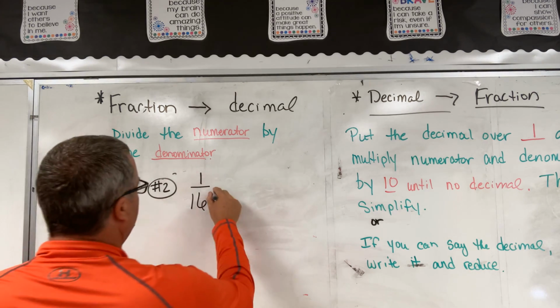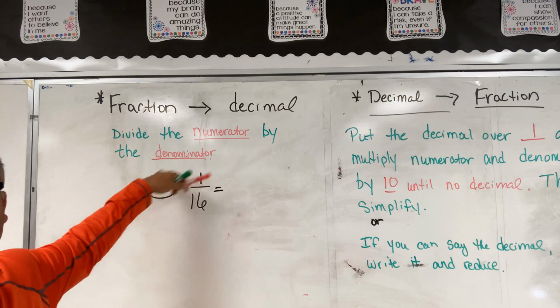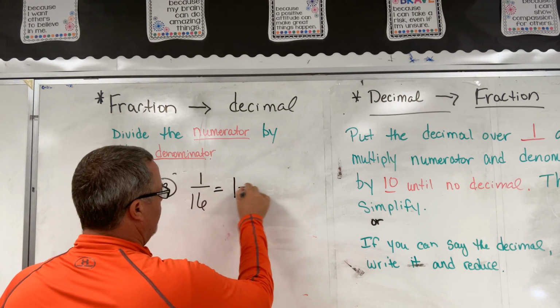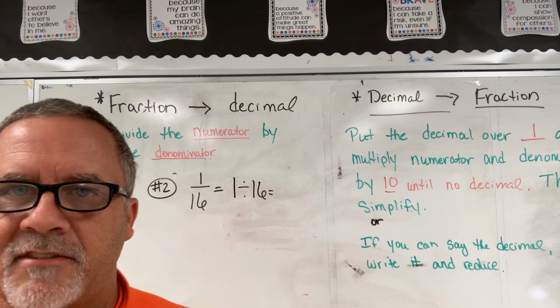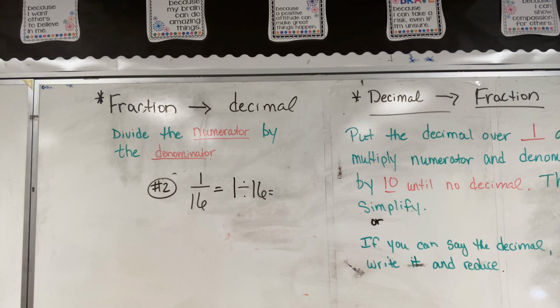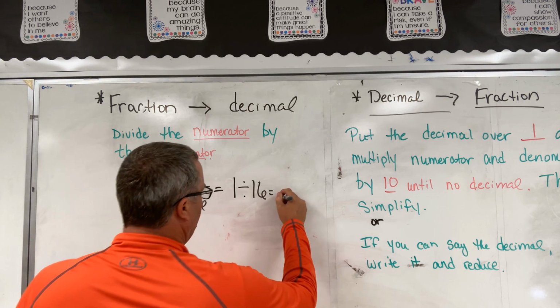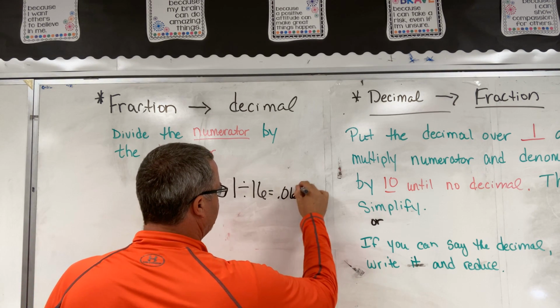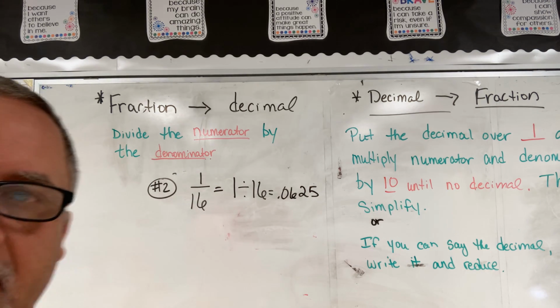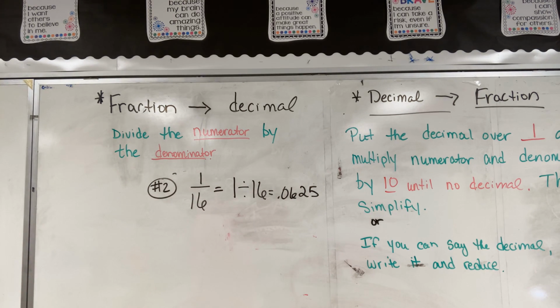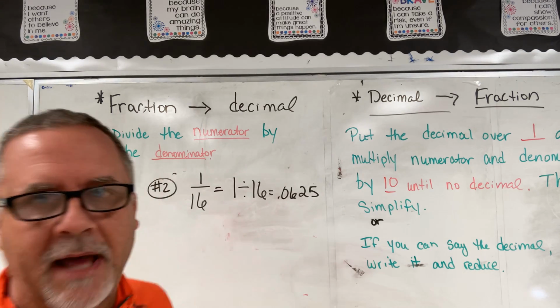That means divide the numerator by the denominator. 1 divided by 16. You can stop real quickly, pause, do that on the calculator. When you come back, that should give you 0.0625 or 625 10,000ths.